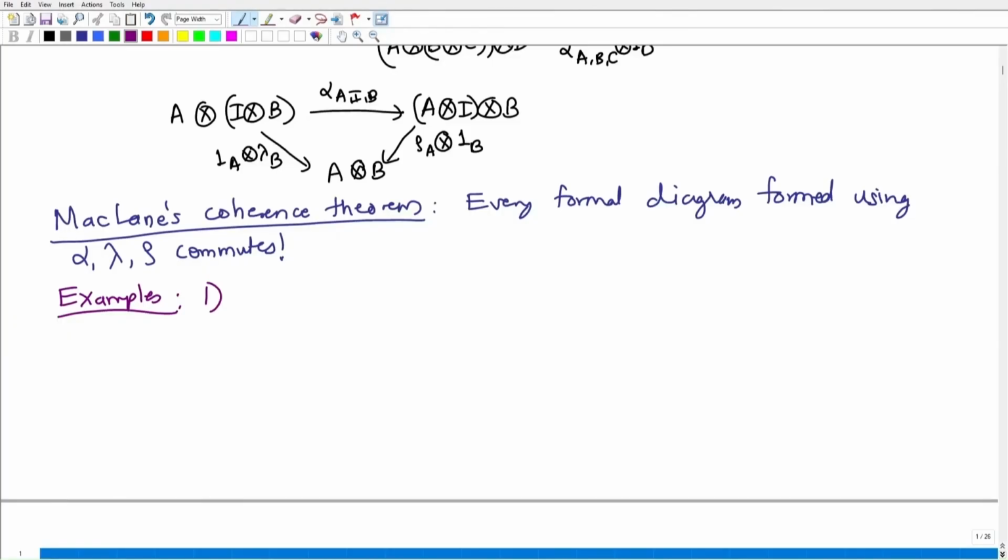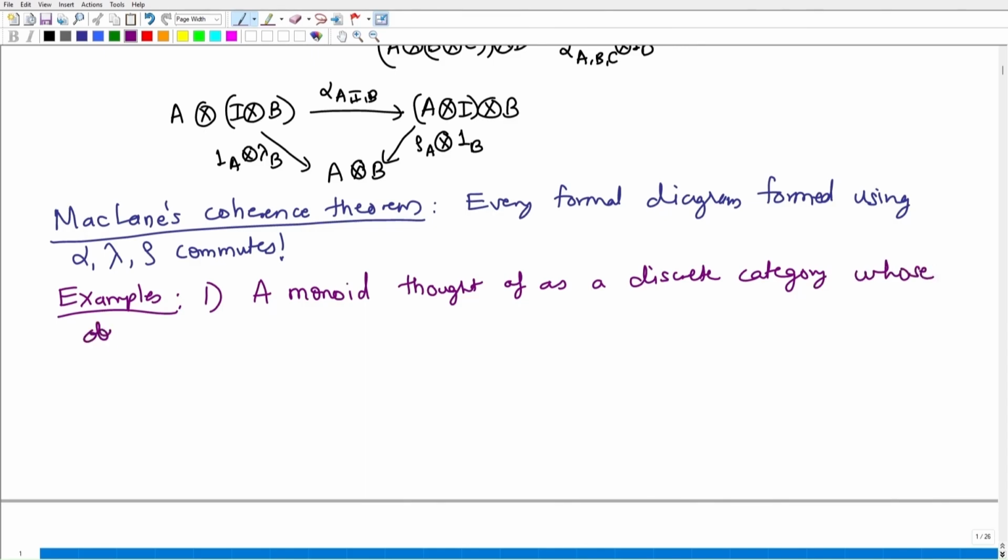A monoid is a slightly involved example, so I will say a monoid M thought of as a discrete category whose objects are elements of M.